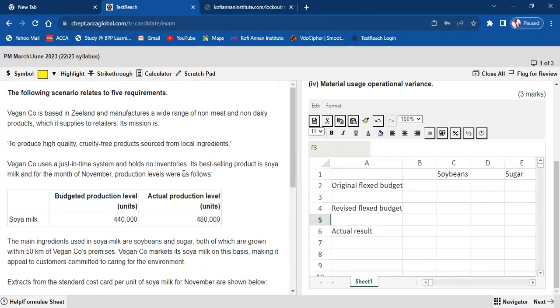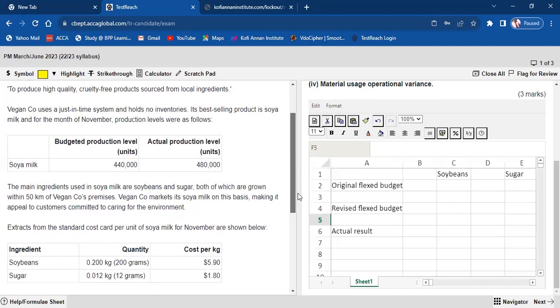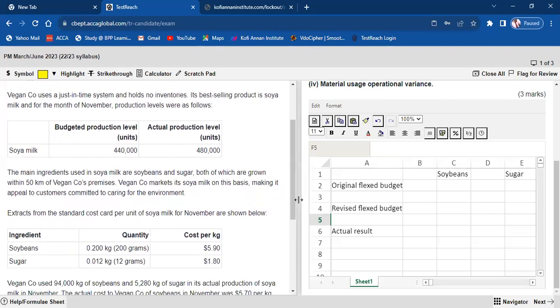Vegan Co is based in Zealand and manufactures a wide range of non-meat and non-dairy products, which it supplies to retailers. This is its mission, to produce high-quality, cruelty-free products sourced from local ingredients. Vegan Co uses a just-in-time system and holds no inventory.